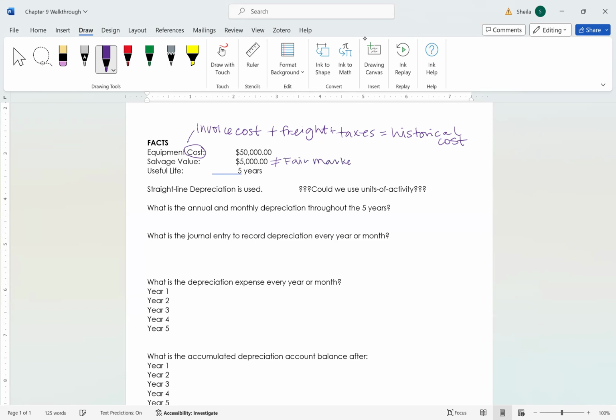And when we record depreciation, depreciation is not really a way for us to assess or determine fair market value. Okay, we never know fair market value until we have a willing buyer and a willing seller. But what we do know is that we need to keep in mind the salvage value of this equipment we purchased, because that's going to help us determine how much cost we need to recognize over this thing called useful life, which just says, how long will we use it?